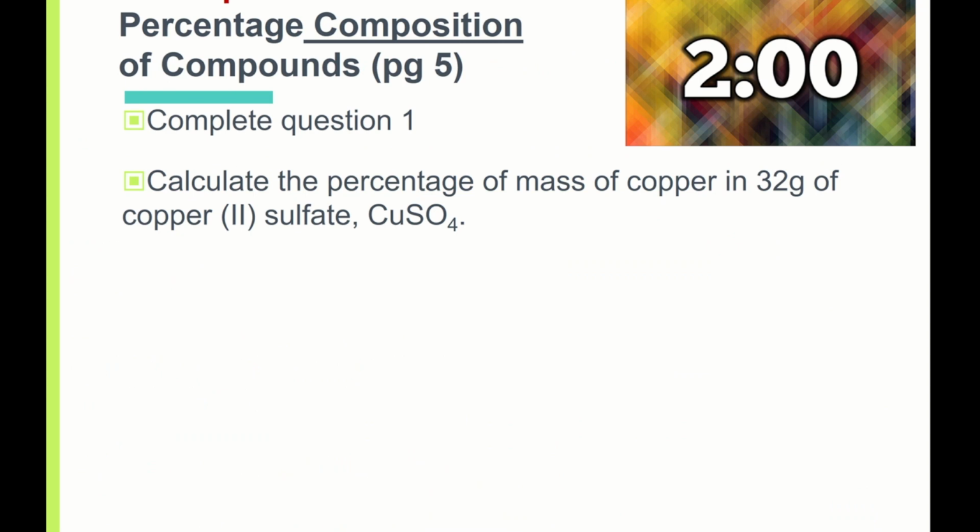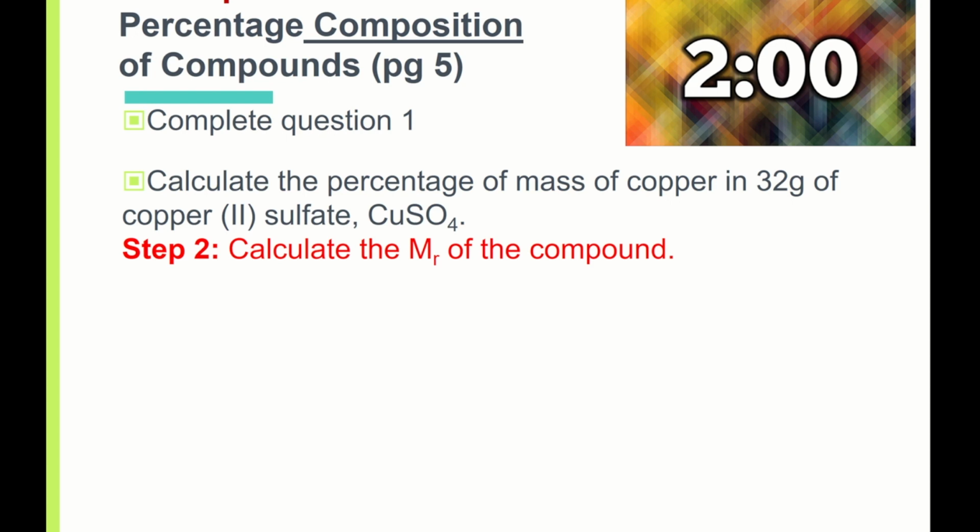Pause the video, complete the question in your notes and see whether you understood this concept. For copper(II) sulfate, first of all, you need to find out the Mr. The Mr of this compound is 160. So the total mass is 160.